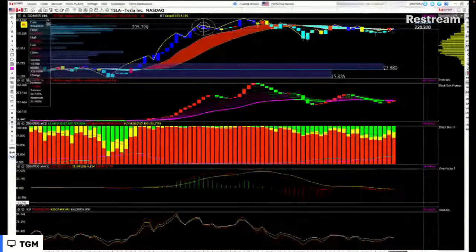So if it doesn't have a black hole, it might still be ranging sideways until you get a black hole, and then it still doesn't tell you if it's up or down. You still have to read the tea leaves and figure out with other indicators which direction it could be. But this is basically an indicator that a stronger move is coming eventually, because there's never been a second dark hole to indicate a bearish trend.